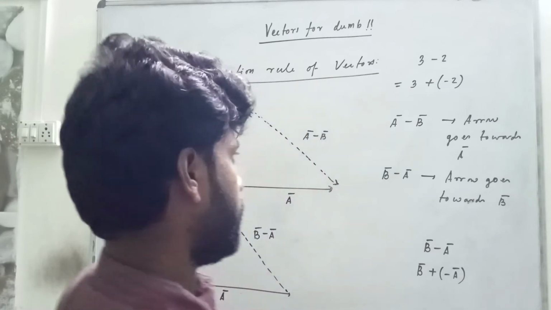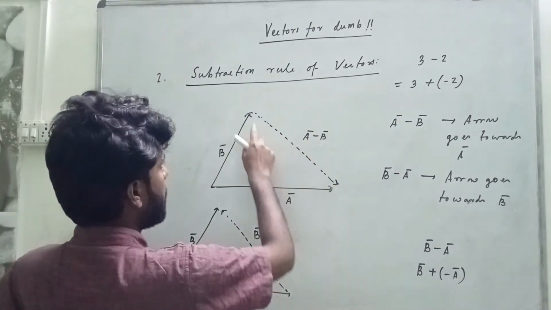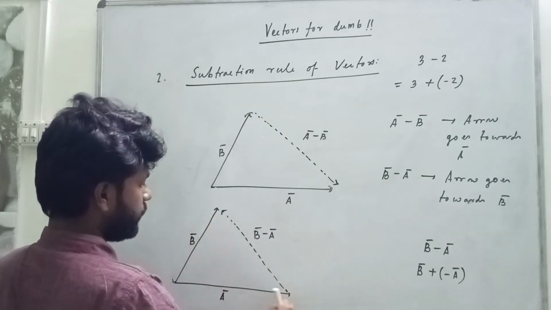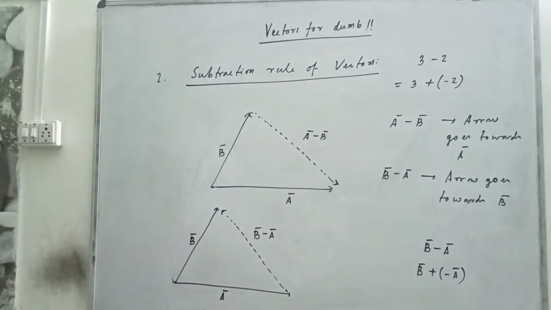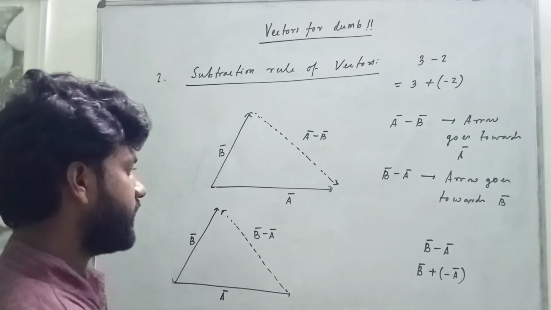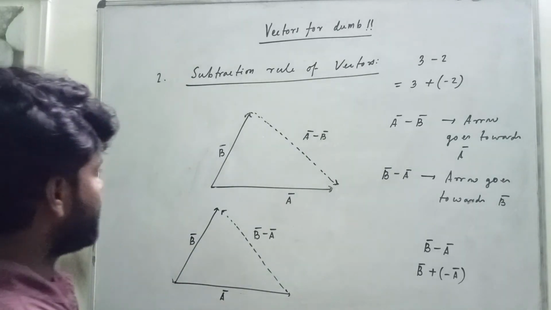Direction is very crucial. The direction of A minus B actually goes towards A, and B minus A means the direction of the arrow goes towards B. Okay, very simple, just very simple.